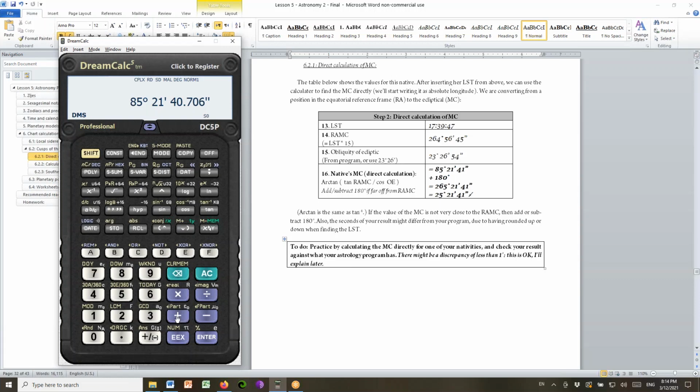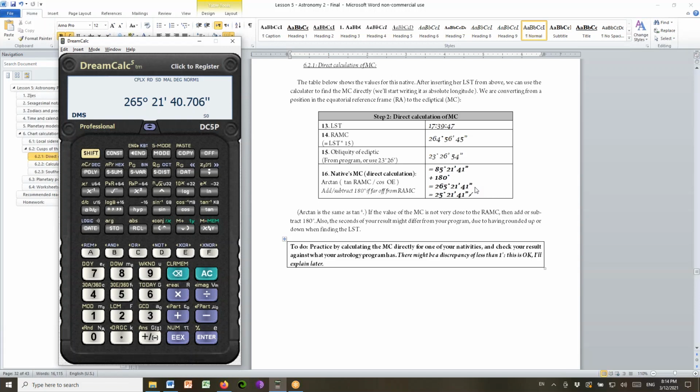So we'll add plus 180, and that gets us 265 point, and then a long decimal. We'll convert that into degrees by pressing the button, and it's 265, 21, 41.